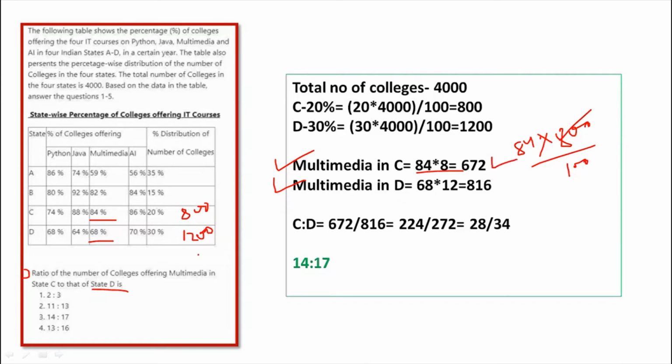For multimedia in D we have 68% and total number of colleges in D is 1200, because we are asked the ratio of the number of colleges offering multimedia in state C to that of state D. So multimedia in state D is 68% of 1200, and we get 816 because 0s are cancelled and we are left with 68 into 12, and when we multiply it we get 816. Now for the ratio, C ratio D, C is 672 and D is 816.